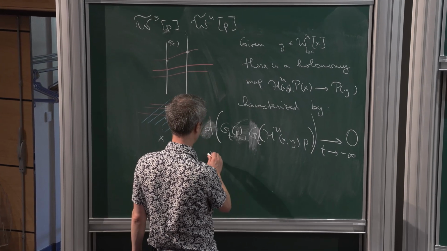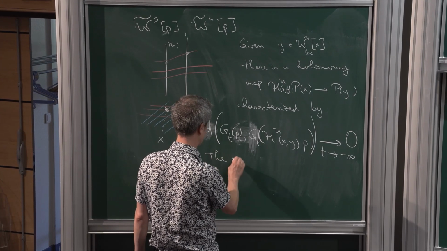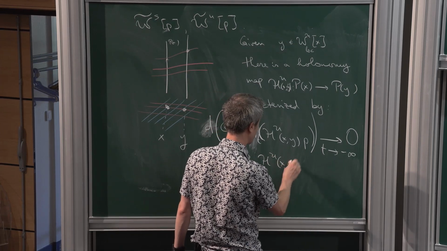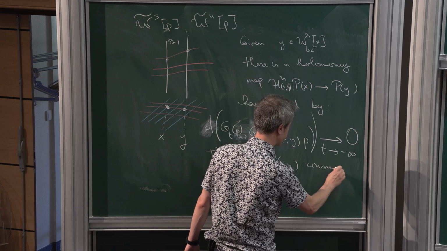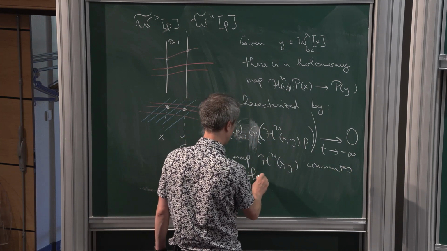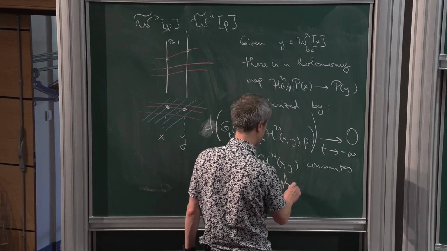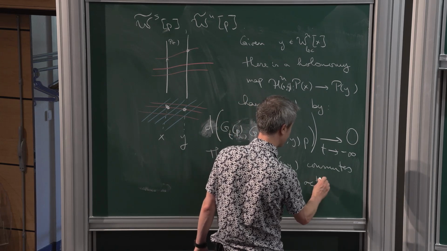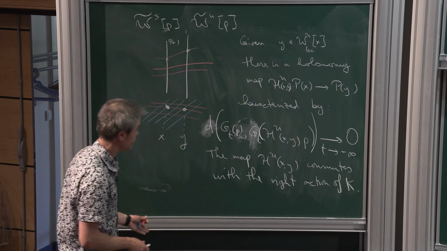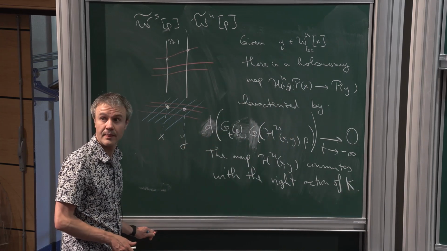So this map HU of XY commutes with the right action of K. Right?